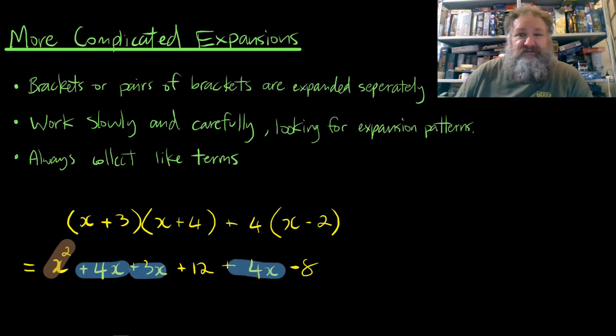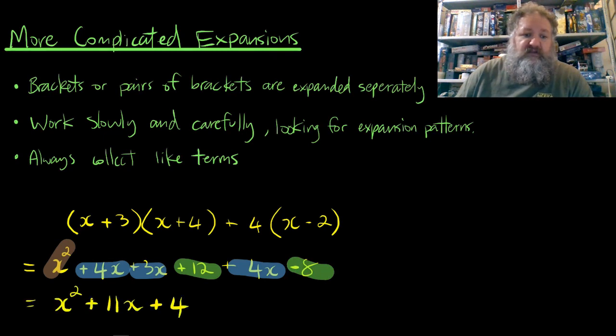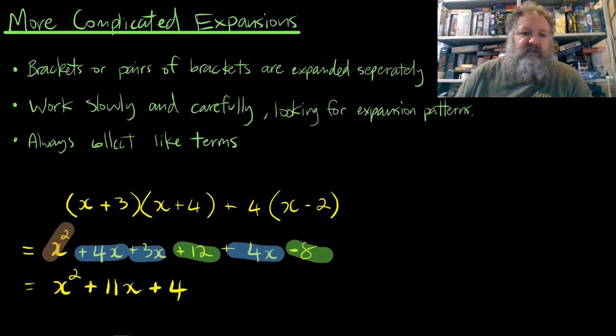So 3 plus 4 plus 4 will equal 11. And the only thing I have left are constant terms. I've got plus 12 minus 8, which eventually will lead me to my answer, which is just x squared plus 11x plus 4. Okay, there you go.